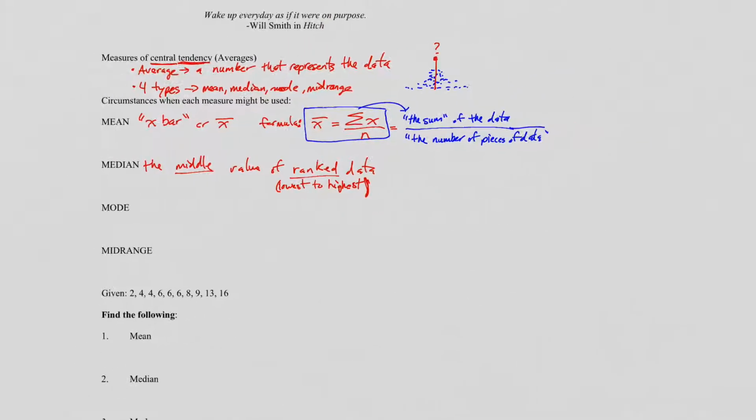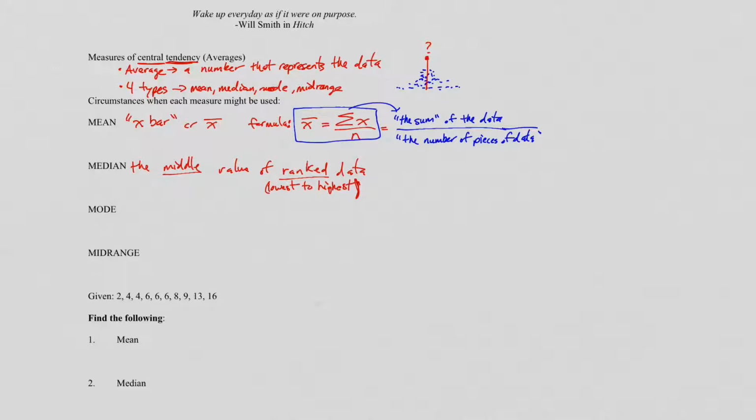If you have an odd amount of data, that's perfect, you're basically just going to look at it and circle it.